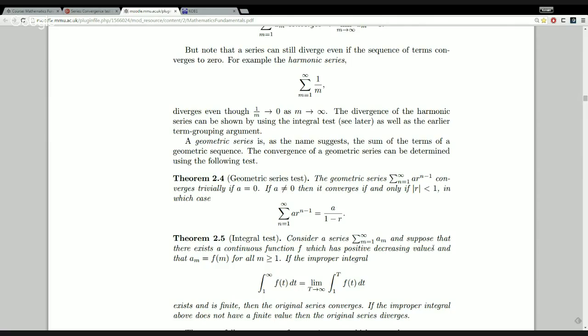We can say if the absolute value of r is less than 1, then the limit as k goes to infinity of s_k is equal to a over 1 minus r. Okay, because the r to the k will converge to 0, and you'll just be left with a times 1 over 1 minus r.